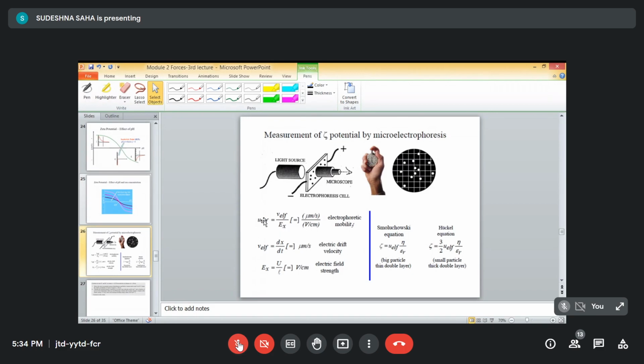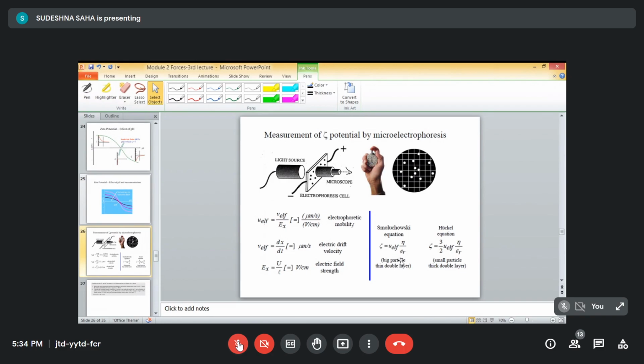Now, once you know this U_E, the electrophoretic mobility, you can put that into these equations. Zeta will be given in terms of U_E eta divided by epsilon_r, where eta is the viscosity of the medium, and epsilon_r is the relative permittivity.